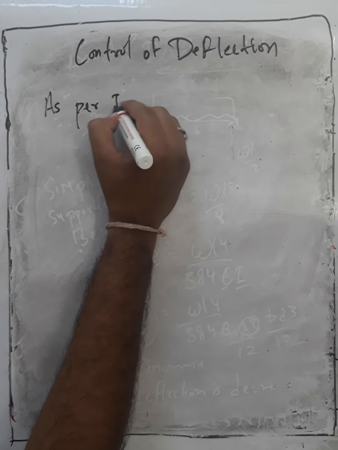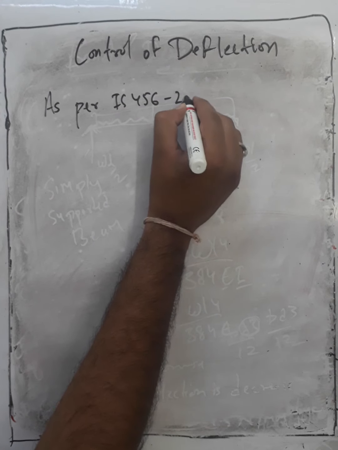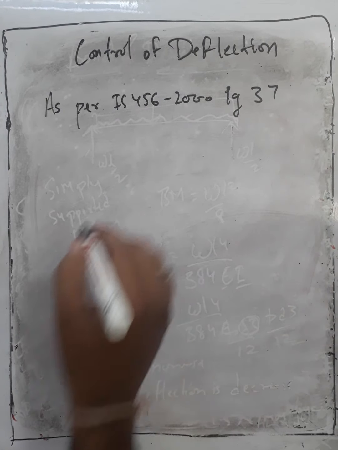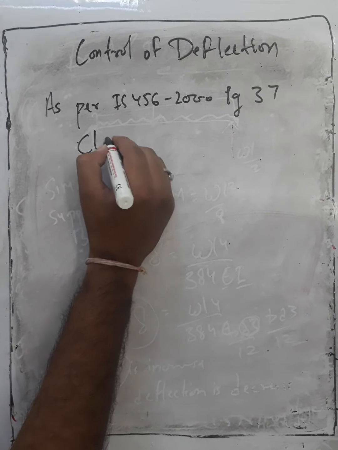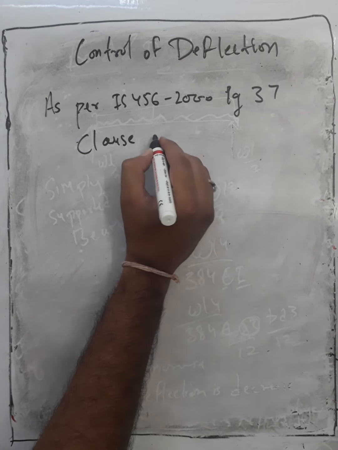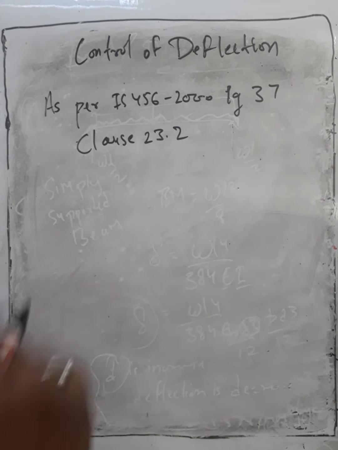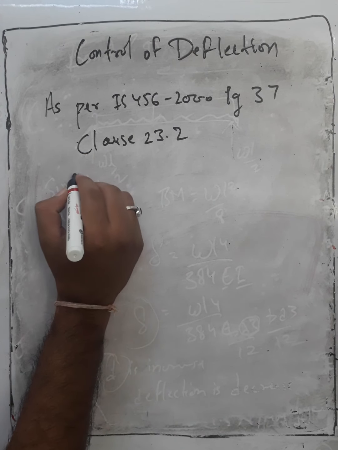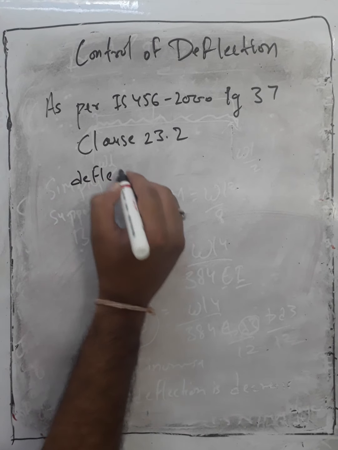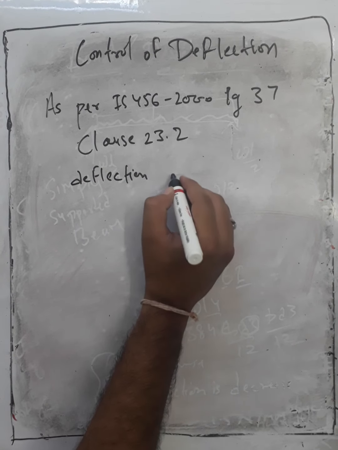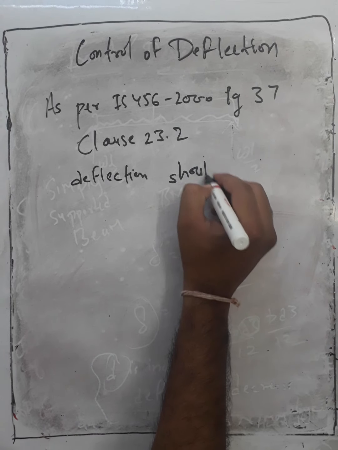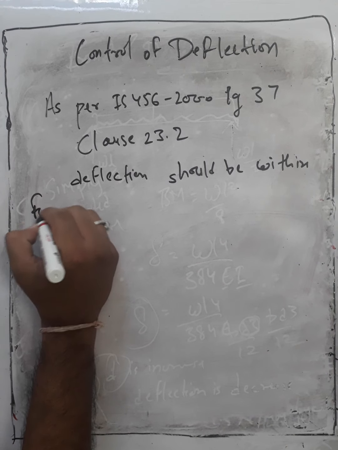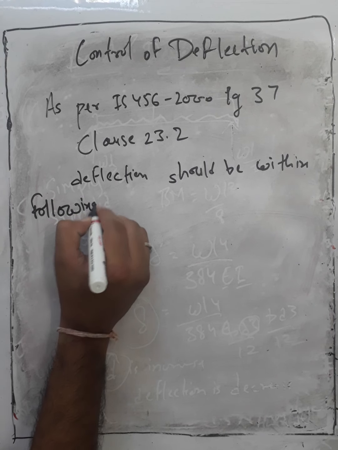So here we write, as per IS 456:2000, page number 37, clause 23.2, some deflection limits are given. Deflection should be within the following limits.